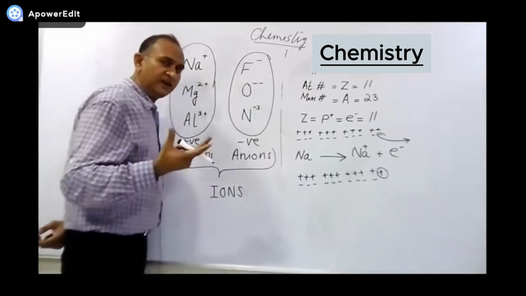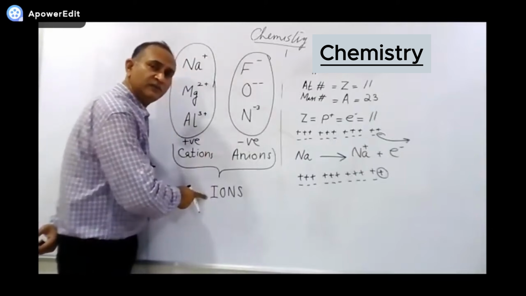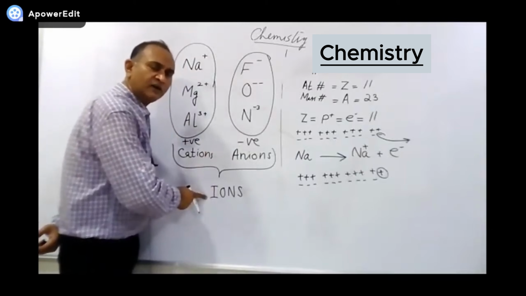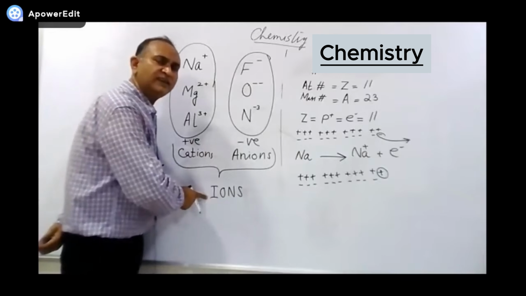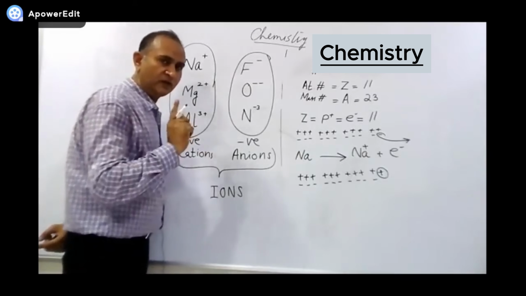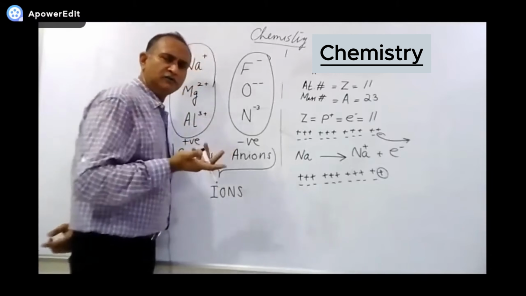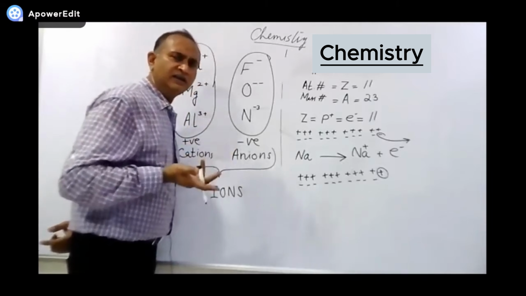So first thing, what do you mean by the word ion? Something on which you can see a plus or minus charge. Now someone may ask, how could you get an ion?